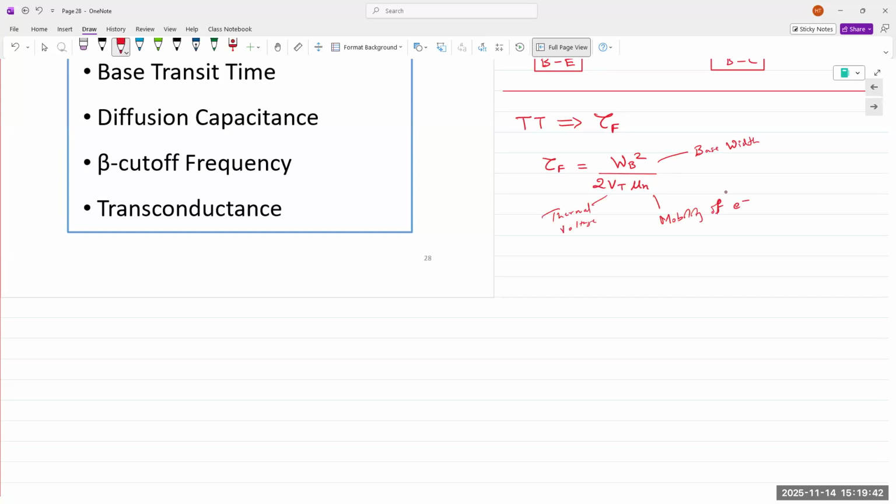For a PNP, it's the same equation, but mu n is replaced with mu p, the mobility of holes.